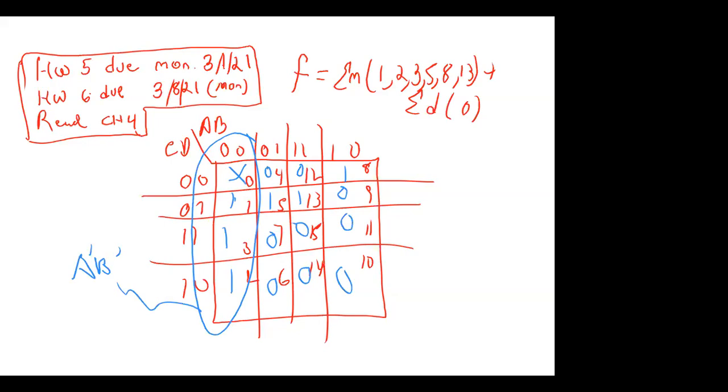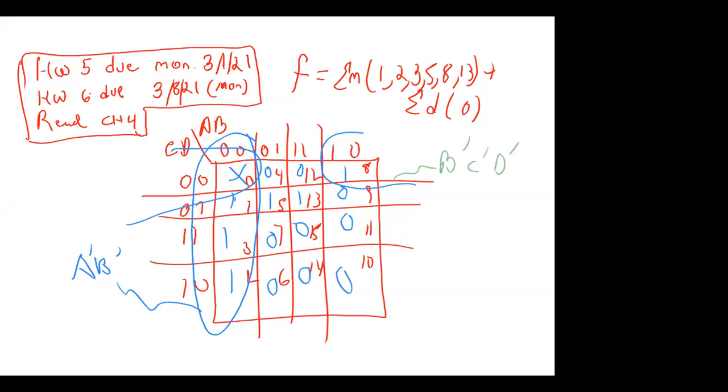How shall I loop element 8? 0, 8. Yeah, 0 and 8 will give me a larger loop than if I just loop 8 by itself. And what would the product term be for 0 and 8? B prime, C prime, D prime. There you go. Does everybody kind of see that now?